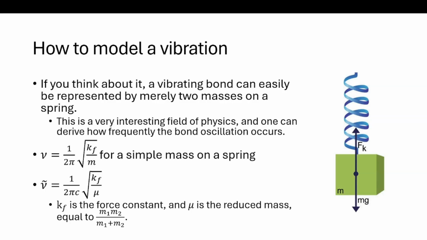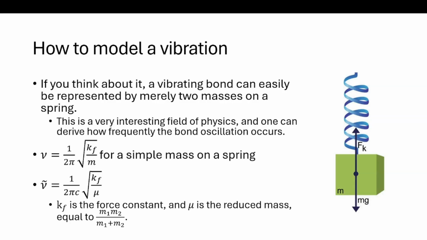With vibrations, right? Because IR spectroscopy relies on vibrations, we can represent a bond vibrating with just two masses on a spring. And I actually went into the physics, the math behind this, and it's actually pretty interesting to derive the frequency of this vibration.